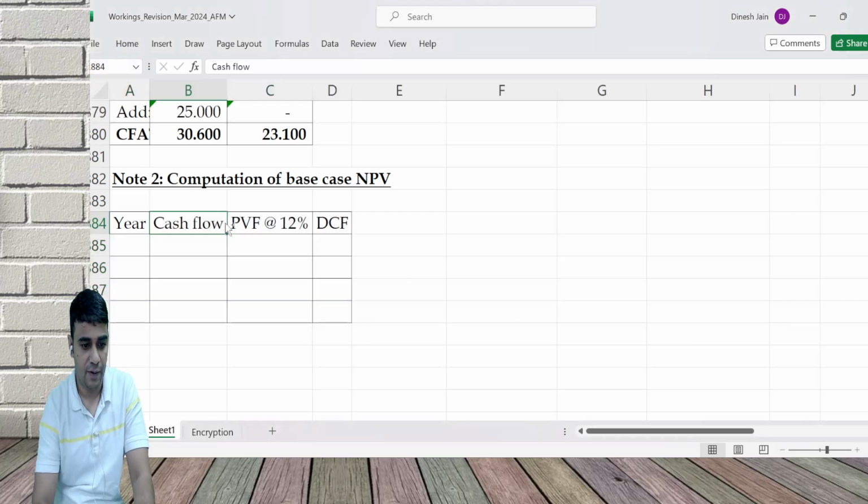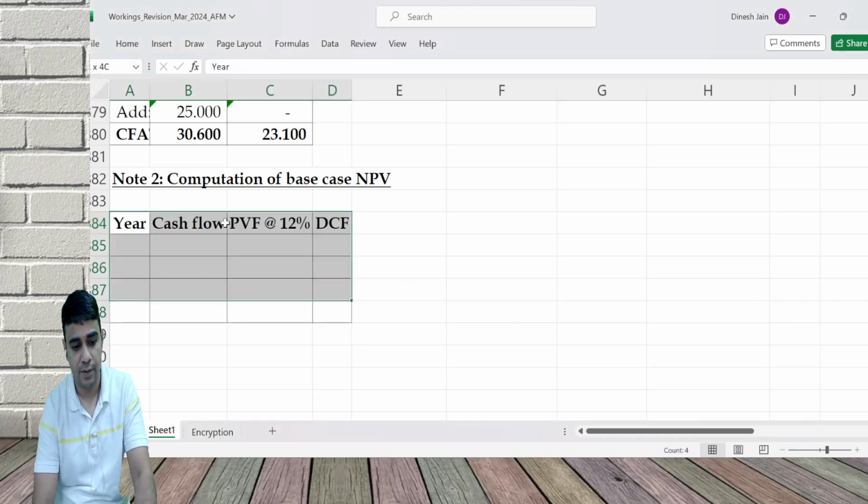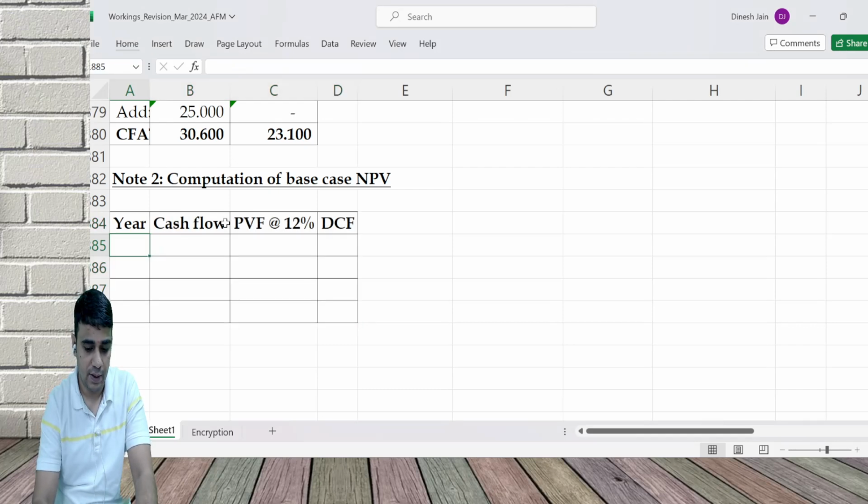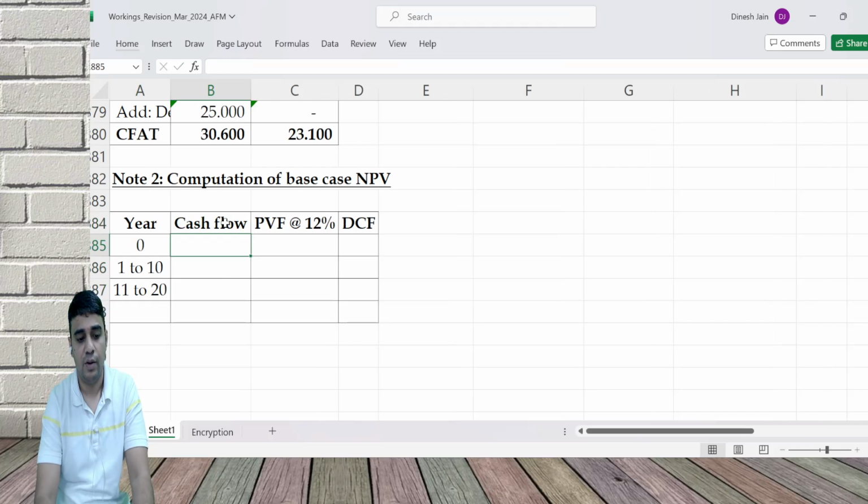Year, cash flow, PVF for 12% DCF. Year 0, 1 to 10, 11 to 20. What's the year 0 outflow? 30.6.